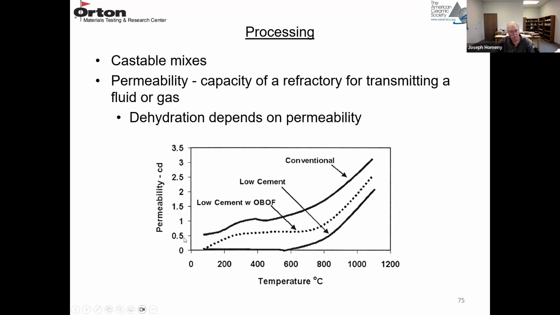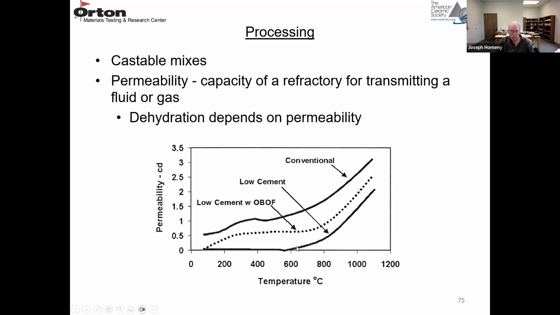So here's a graph of permeability, and the units of permeability are centidarcies versus temperature in degrees C. So the top curve is a conventional high cement refractory. So that one's going to have the highest porosity, to have the most water to be removed. So that's a pretty permeable material. But here's a low cement castable, the bottom curve.